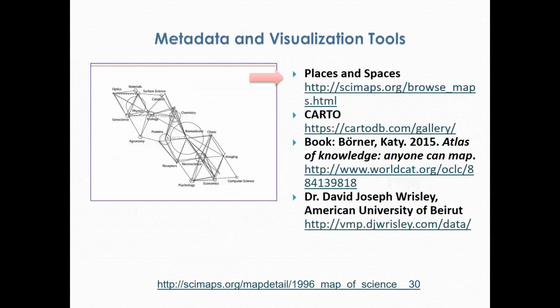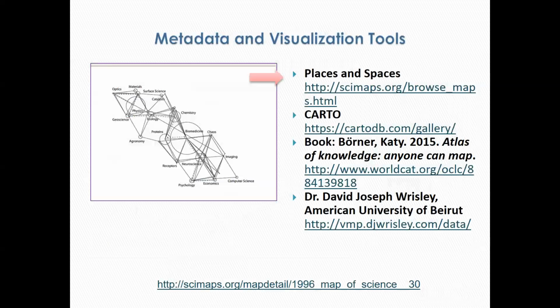Carto is a mapping tool that you can use for putting your data on the mapping application. There's also the book by Katy Börner, who's the project coordinator for Places and Spaces at the Smithsonian. And you can see different projects that use the dataset to visualize the data.